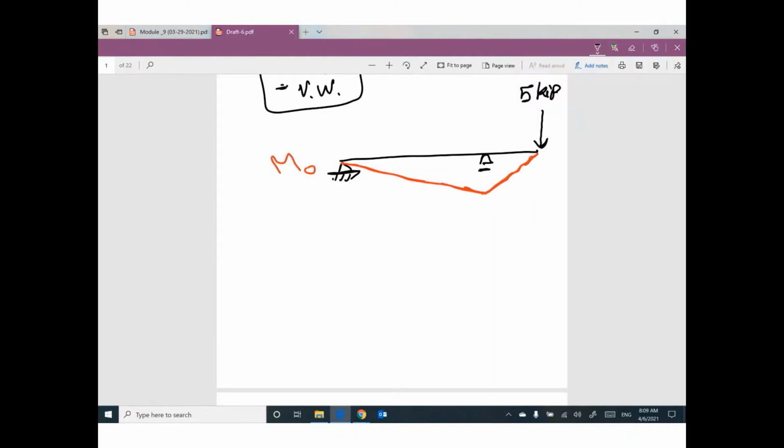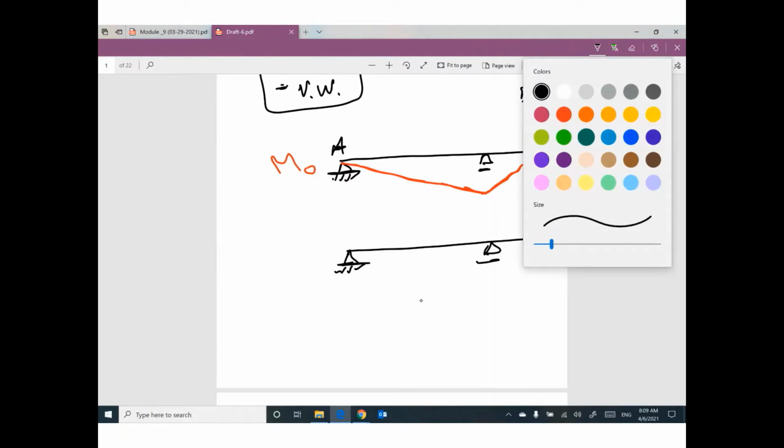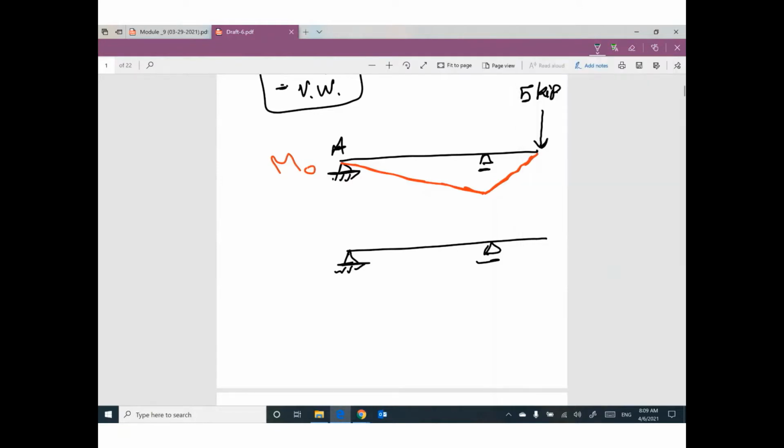If we are looking for theta at A, I will remove everything. At point A, I will put a 1 kip-foot unit moment.